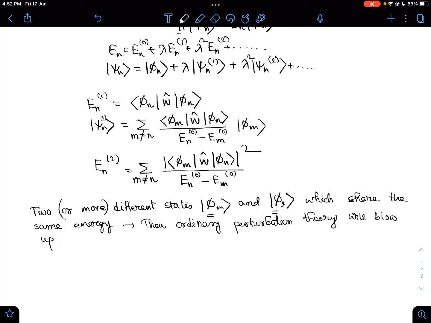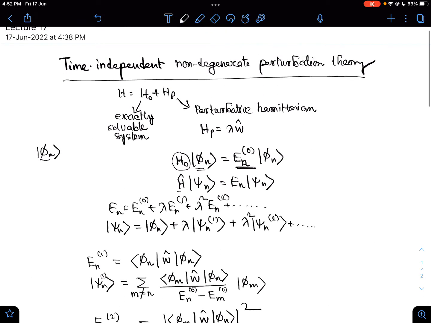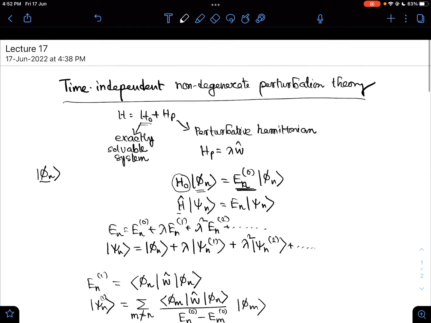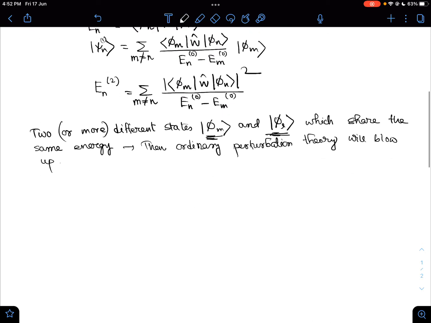Basically, if we apply our unperturbed Hamiltonian H0 on these two states, the eigenvalue will be the same for both states. In that case our ordinary perturbation theory will not work. Let us see why it will blow up.